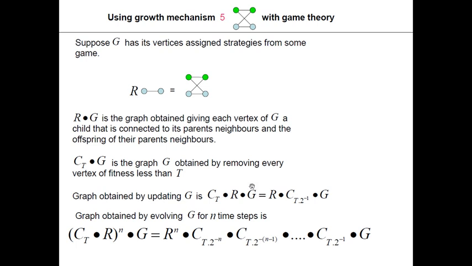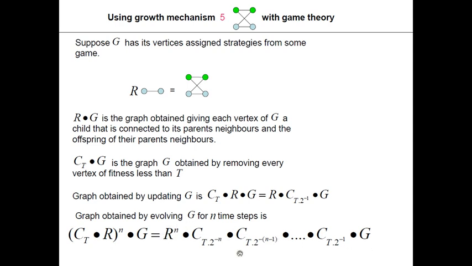So we're applying these two different operators, if you like, the reproduction operator and the killing operator. We're applying those alternately. But what we can do is we can switch around the order that we apply these operators. So we can basically find an equivalent kind of thing where we just do all our killing at the beginning with different modified thresholds, and then we do our reproduction at the end.